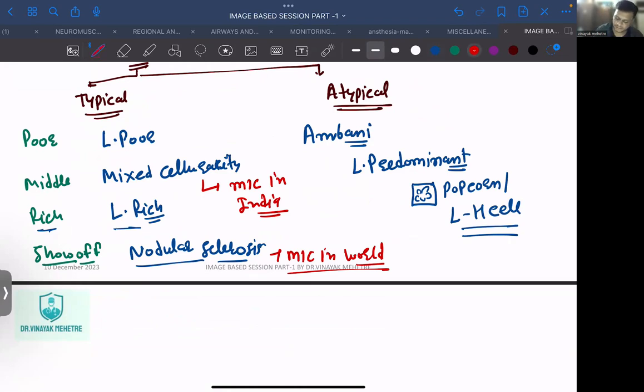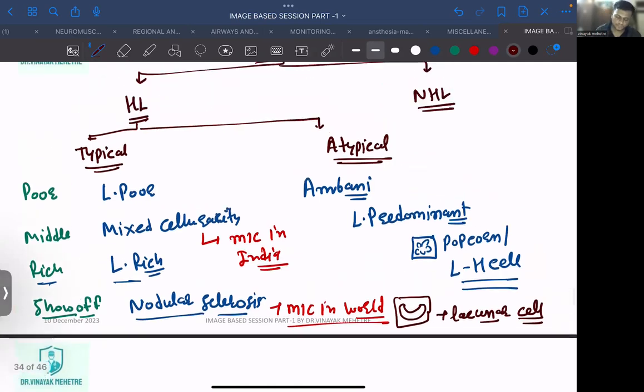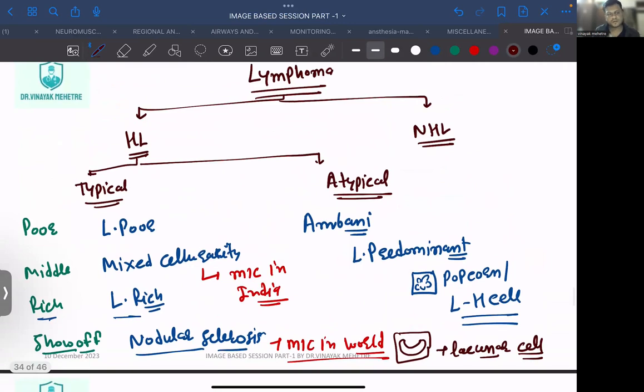And one more cell which is seen is lacunar cell. Lacunar cell is seen in show off class. Okay, that is seen in nodular sclerosis. ये हो गया तुम्हारा Hodgkin lymphoma.